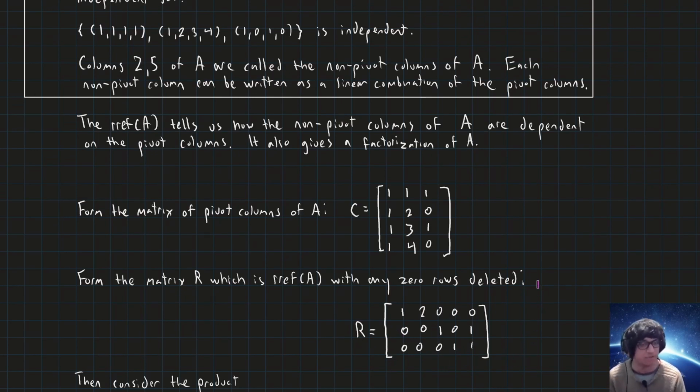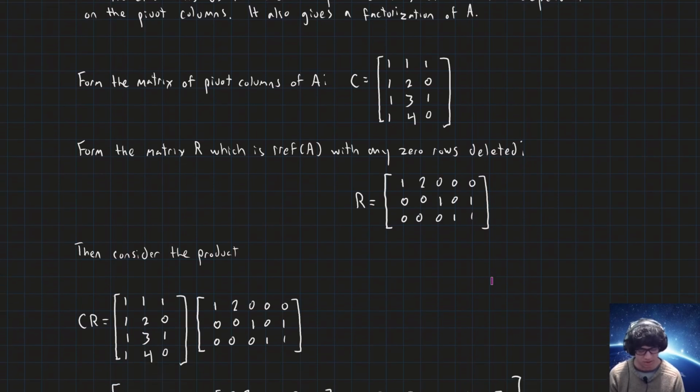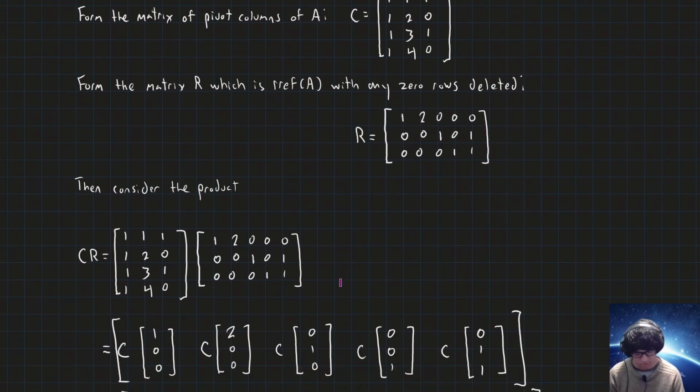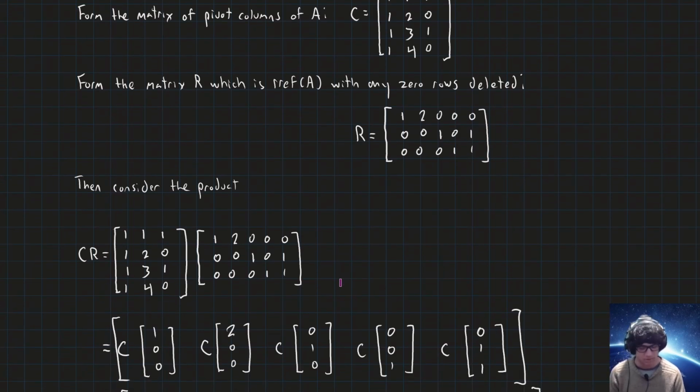So I claim I have a factorization here. Let's consider the product CR. This is C, this is R. Let's multiply them and see what we get. As I've emphasized before, when you think of matrix multiplication, you should think about it as a bunch of linear combinations.